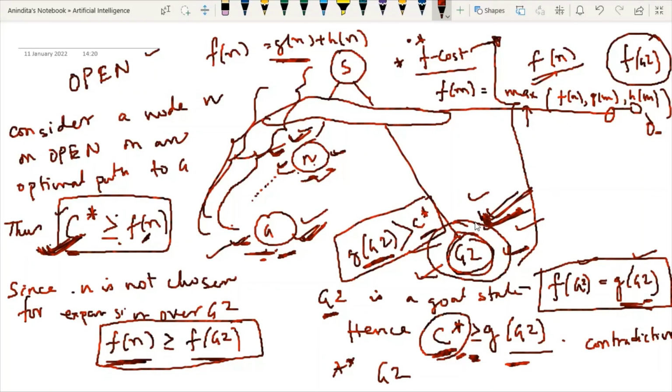So this is the second consideration you always have to mention. And then you have to mention the key term, that is, you are assuming that the A star algorithm is selecting the suboptimal goal for expansion from the open list. It is not selecting the optimal goal cost. So you have to state this, and then you start explaining the proof.